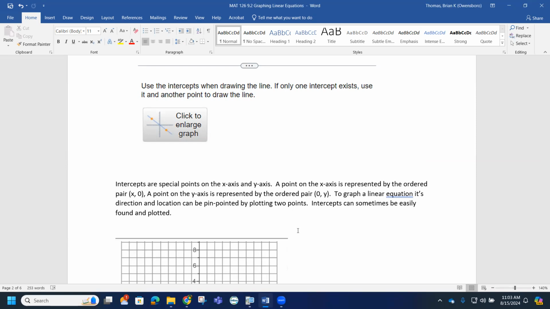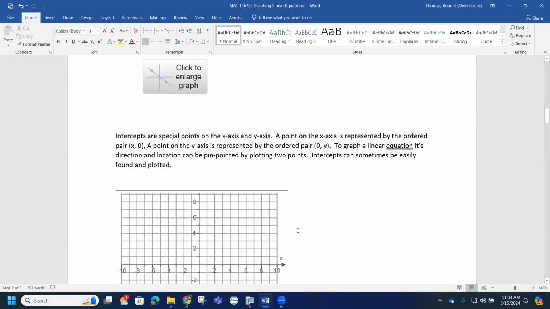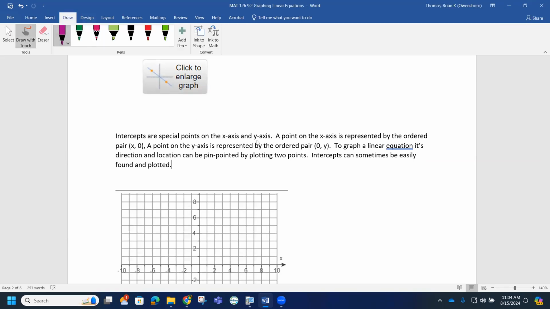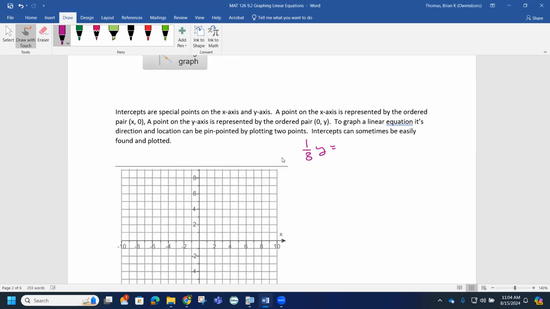And if I want to graph the location and direction of a line, so I have 1/3 y equals 2 plus x. That's our equation. So 1/3 y is equal to 2 plus x.